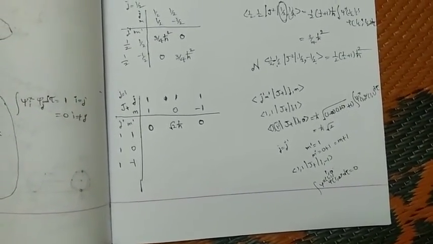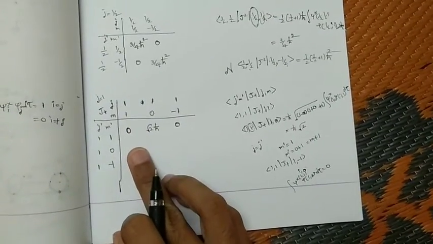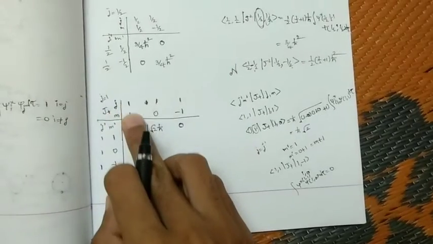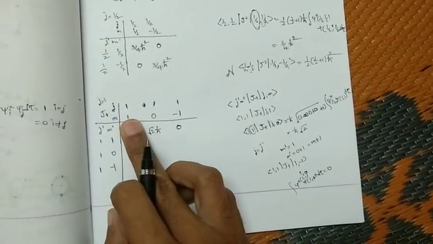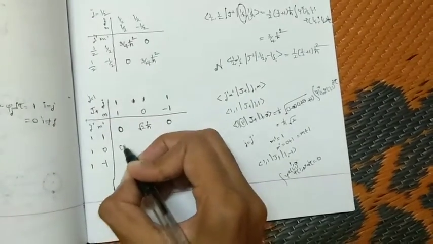Now coming to the next matrix element, 1 comma 0 J plus 1 comma 1. Here also J plus operating on this increases the value of M by 1, so 2 is not possible for J equal to 1, so this element is 0.